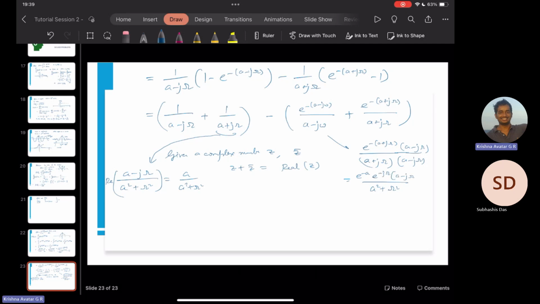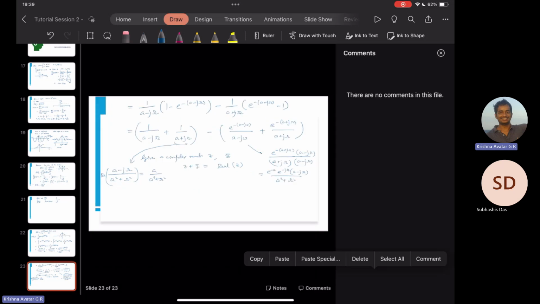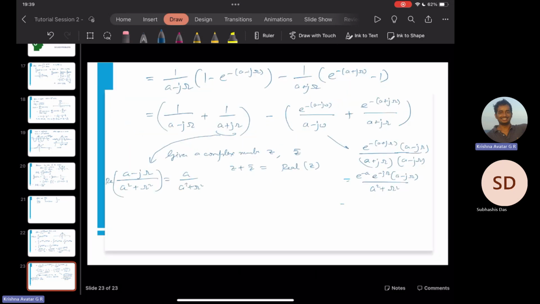We cannot factor further, and so here this one will be cosine omega minus j sine omega, this into a minus j omega, right?